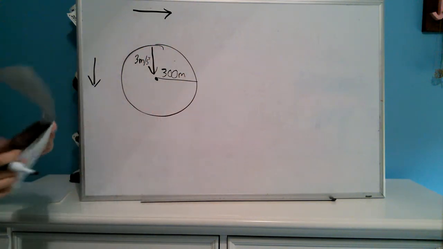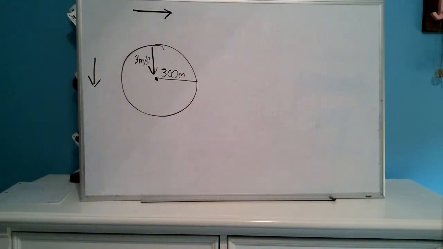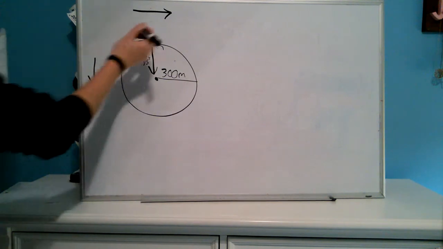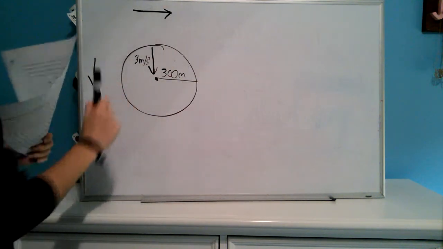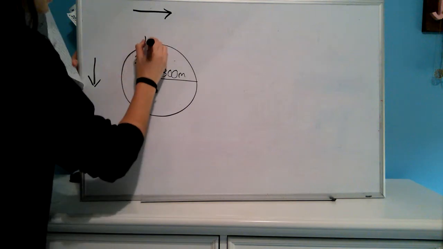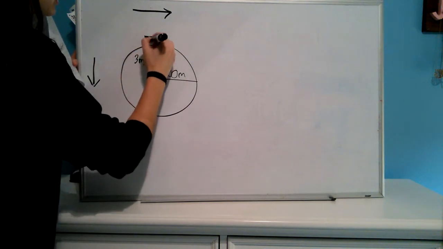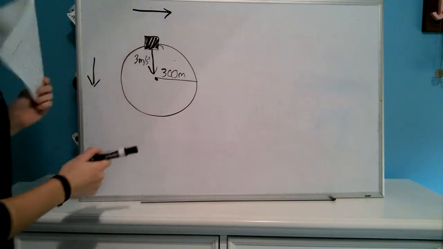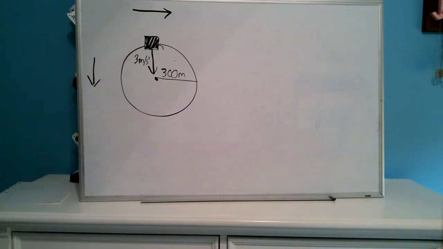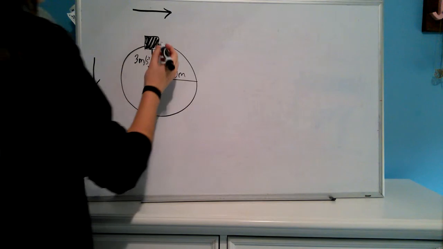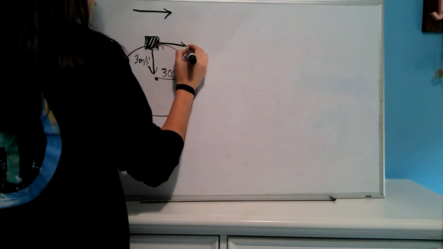And now we need to know which way around the circle the object is moving. Let me draw my object here. So it's going east, and we know east is to the right. So this part is pretty simple in that our object is just going to be moving this way.